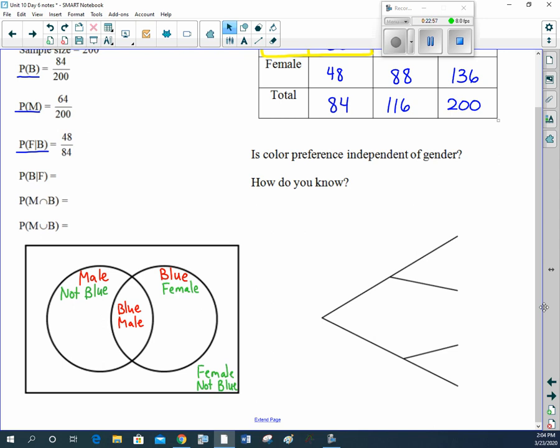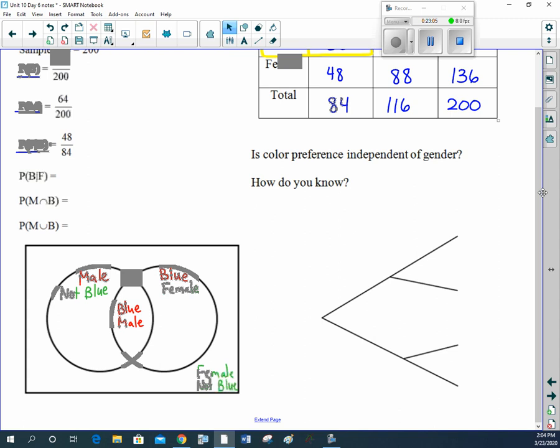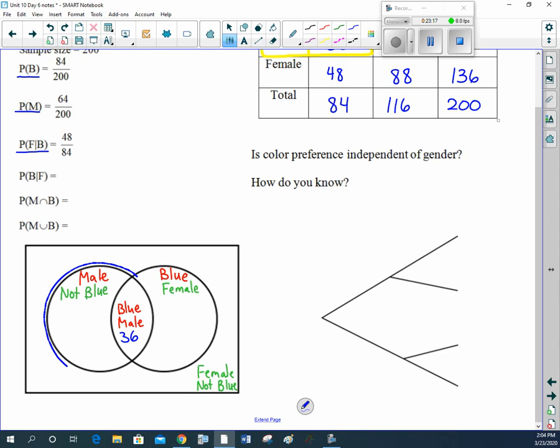So now I'm going to fill in the numbers. Well, we use this top left-hand corner for a reason, because blue and male is 36. So I know the number 36 has to go right here in the middle. This whole circle represents the males. Let's see, what's our total?